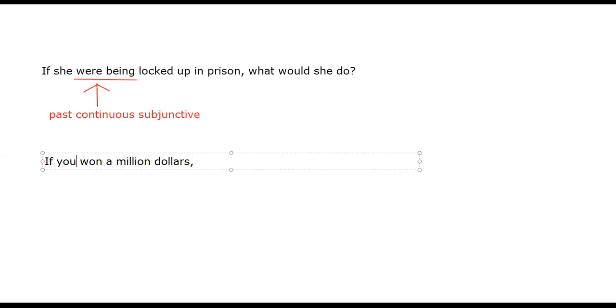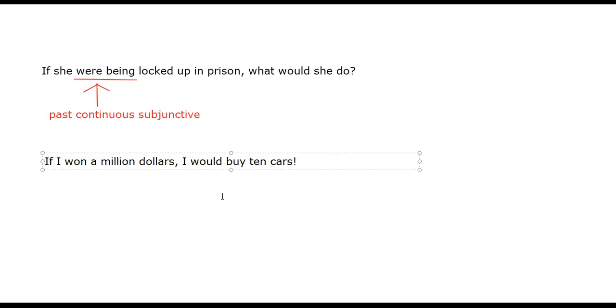Let's just use I. I don't want everything to be a question. If I won $1 million, I would buy 10 cars. How, just 10? Why not 10? If I won $1 million, I would buy 10 cars.